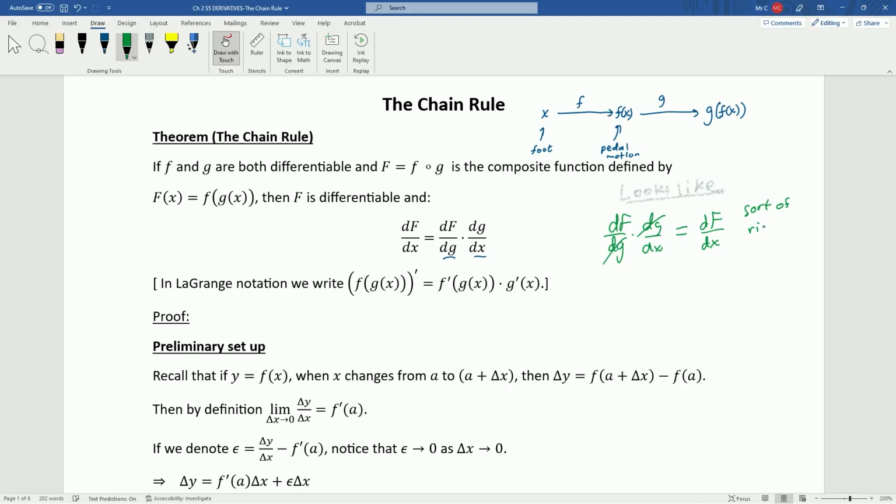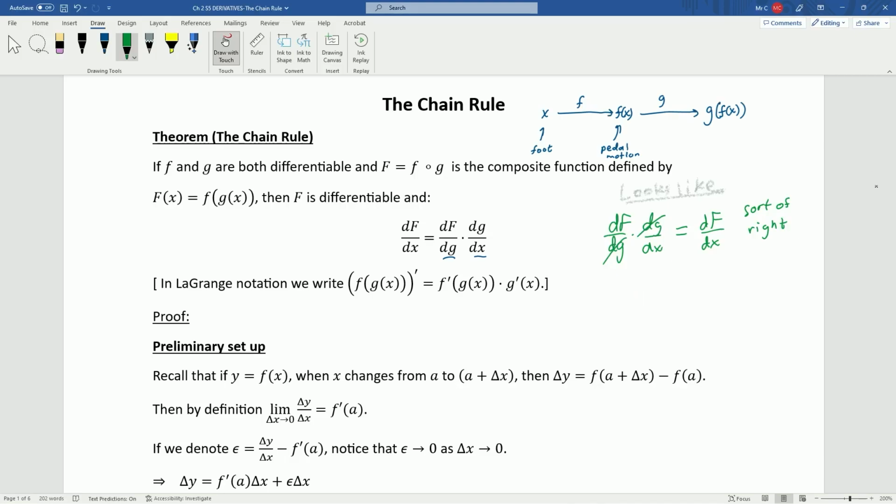But there's a little bit of a problem, which is that we can't divide by 0, and there is no guarantee that delta g, the difference between the input and output of g, isn't 0, which would obviously cause us some problems. So it's not quite right to say that you can just cancel like this, even though it works that way, and we'll treat it that way as we're doing problems. But proving it is a little more difficult.